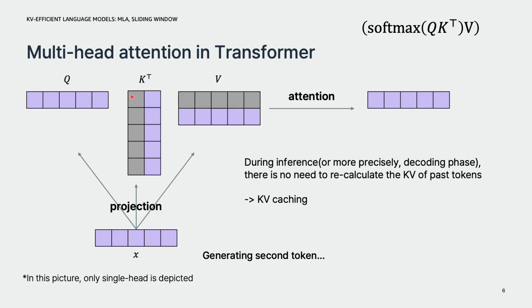But we do not have to calculate the keys and values of the first token because this was already calculated when generating the first token. So we could save the keys and values of the previous tokens and reuse them when generating the future tokens. And this is known as the KV caching. Basically every transformer language model uses KV caching.